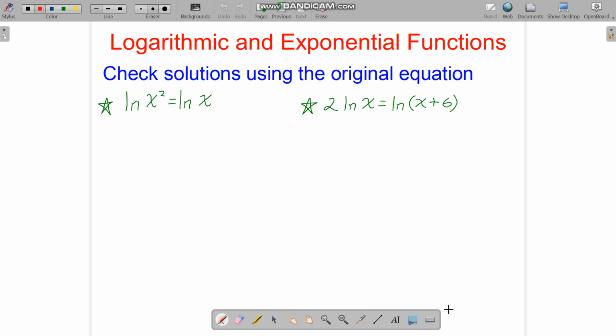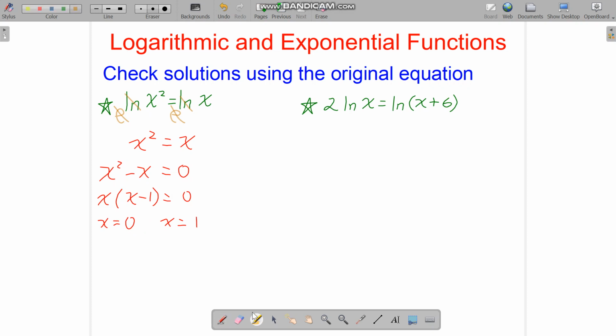Two solutions. And now remember to check solutions using the original equation. So here, if you use e to the power of, we cancel out, so we simply have x squared equals x, which means x squared minus x equals 0, and we can factor out the x: x times x minus 1 equals 0, which means the x can be 0 or the x can be 1.